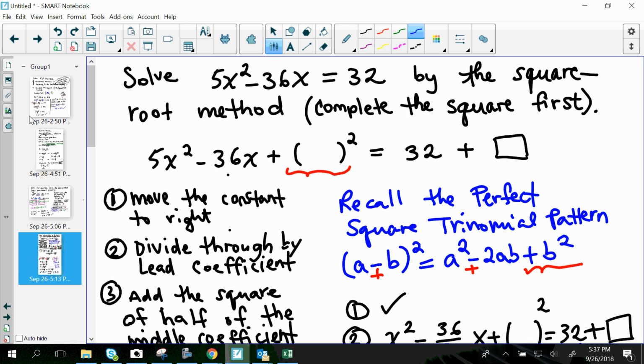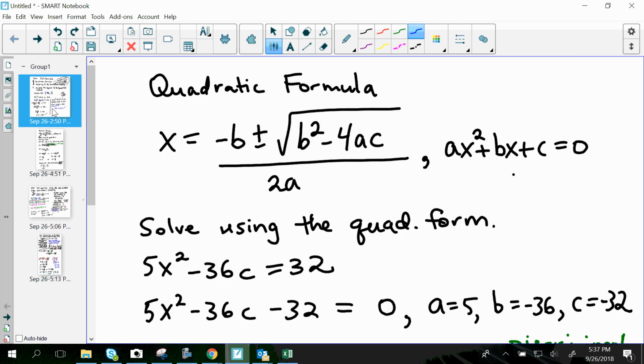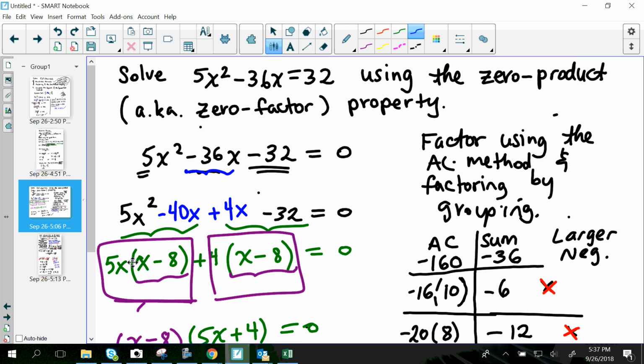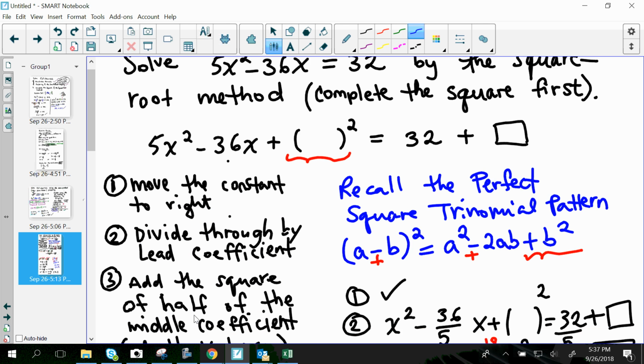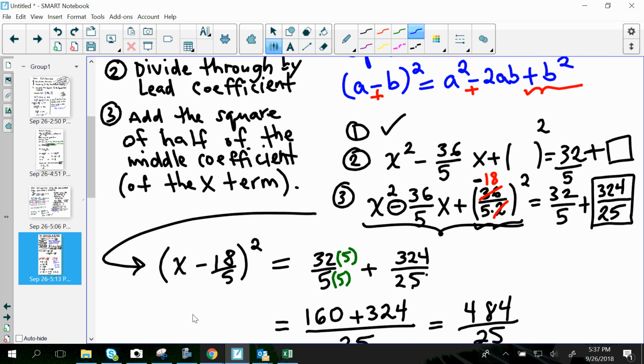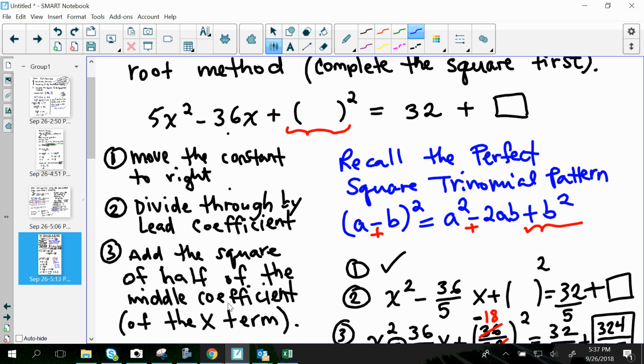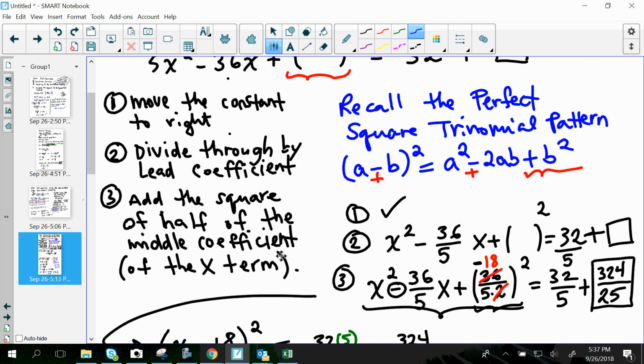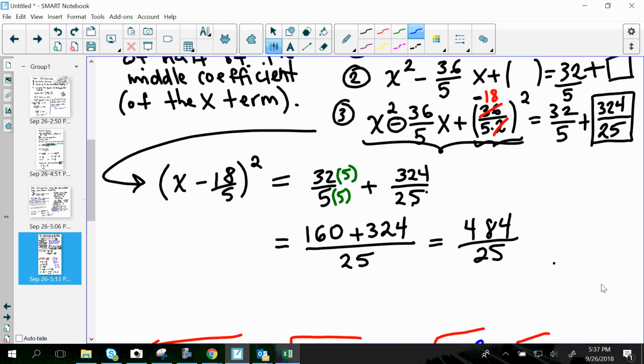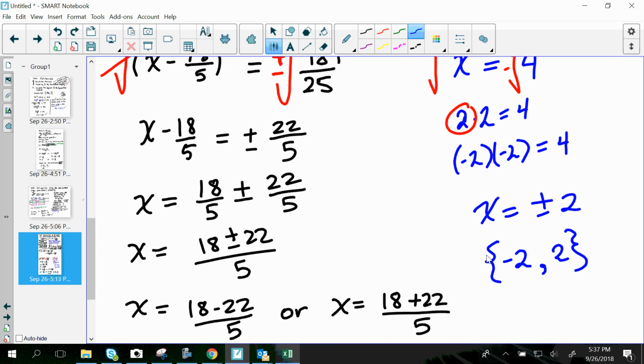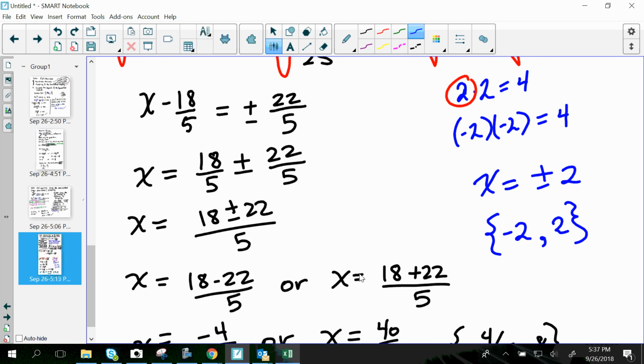We covered how to factor a quadratic with a lead coefficient other than 1, which makes it more challenging. We reviewed how to factor by grouping. We reviewed how to add fractions and reduce fractions. We reviewed the perfect square trinomial pattern, completing the square, and doing the square root method to solve, including the need for the plus minus there.